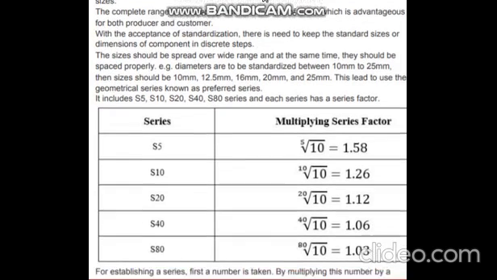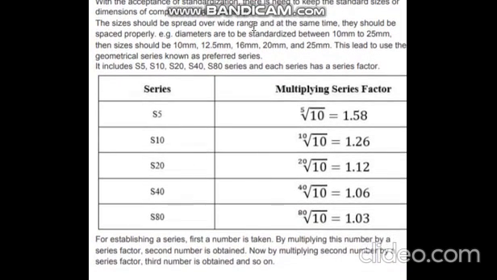See, and what are they saying? For establishing a series, first a number is taken. Multiplying this number by a series factor, the second number is obtained. That means if the first is 1, then multiply by 1.58, so 1.58 will be the second number.